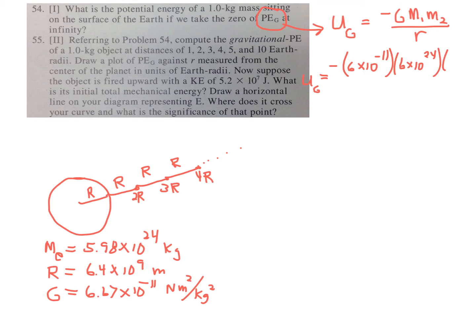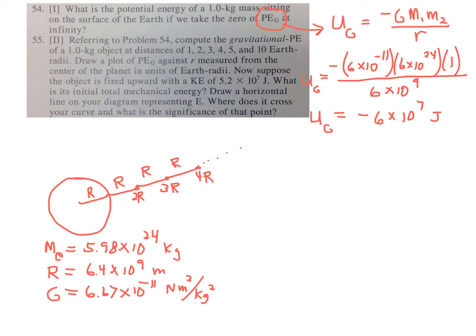Times our mass sitting there is 1 kilogram, that's nice. Divided by the radius of the Earth, which is basically 6 times 10 to the 9th meters. All of that is standard. So, once again, I can do this without a calculator, that's why I'm doing it this way. You end up with essentially negative 6 times 10 to the 7th joules.